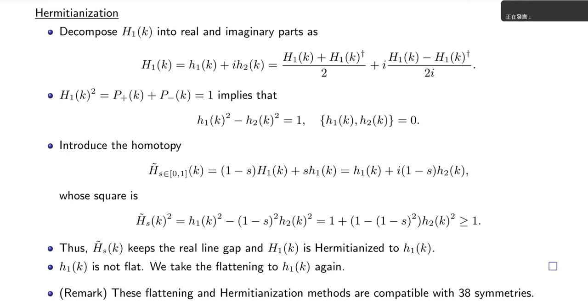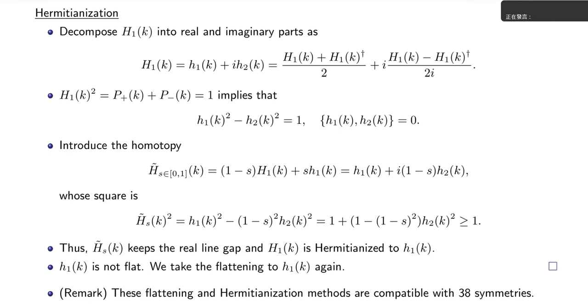Introducing a homotopy from large H1 to small H1, which is Hermitian, we can see its square is positive definite. That means that this Hamiltonian has a real line gap. Then the resulting Hamiltonian is Hermitian H1, but this is not flat.